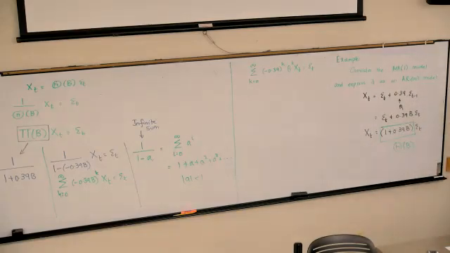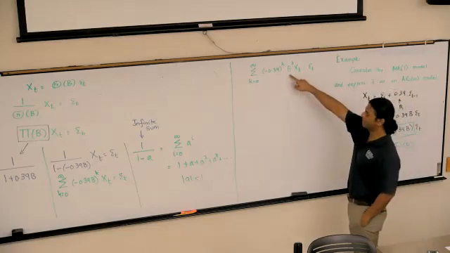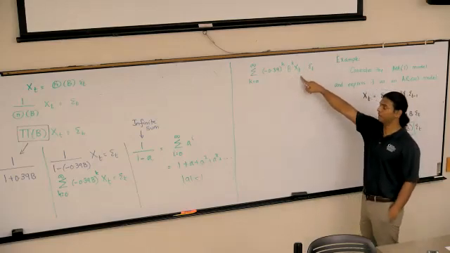What would happen if I apply B raised k to Xt?